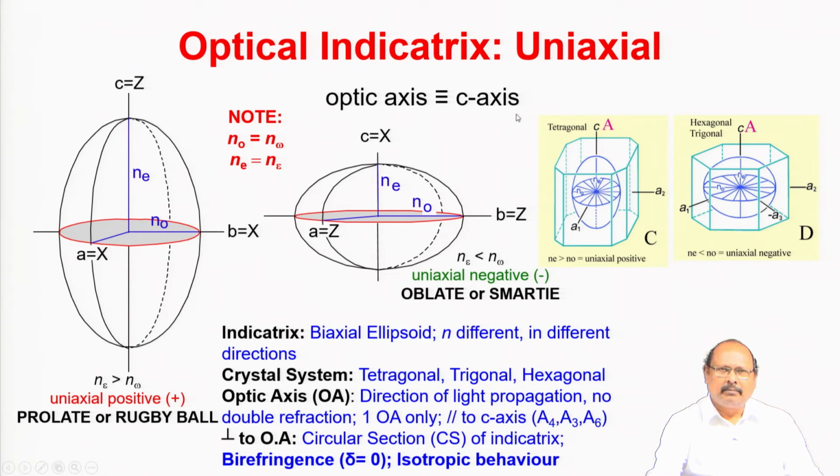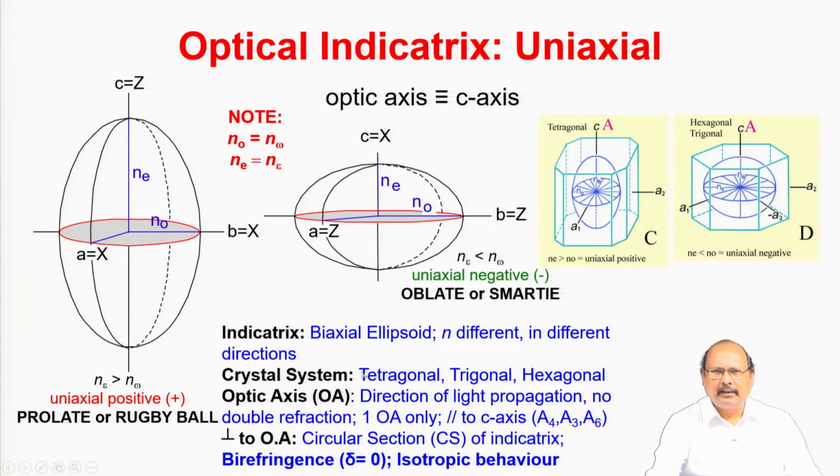Before that, let us consider the fundamental aspect: what is the indicatrix of a uniaxial mineral group? The uniaxial mineral group has an indicatrix which is a biaxial ellipsoid. In 3 dimensions, this is an ellipsoid, and there are 2 axes, one corresponding to the extraordinary ray vibration direction and the other corresponding to the ordinary ray vibration direction.